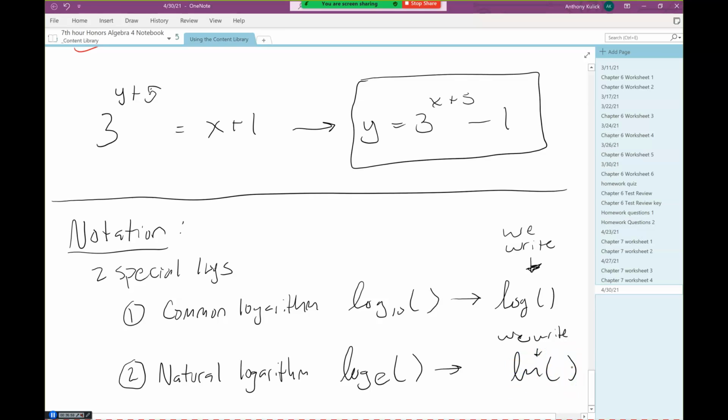So I find that, again, when writing logs, I like to use cursive. My penmanship isn't great, and I've seen many students take a log and turn it into a 10G when they're printing, and I've seen them take ln and turn it into 1n when printing. I like to use cursive because I refuse to make those mistakes when I'm writing it in cursive.